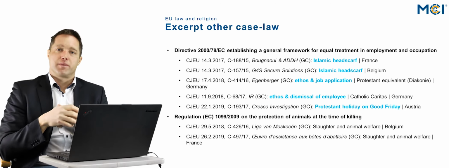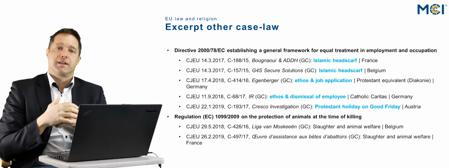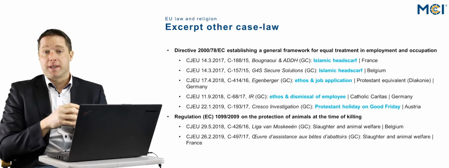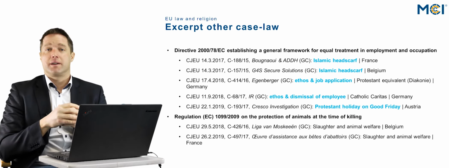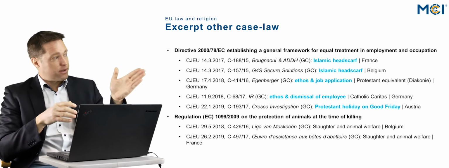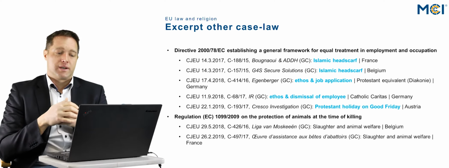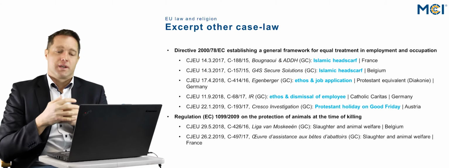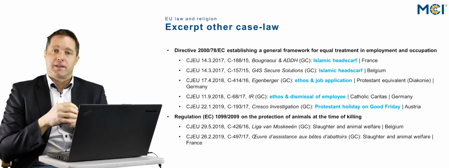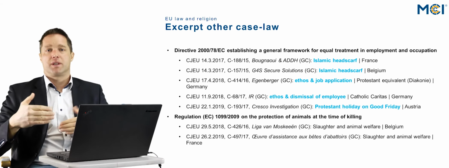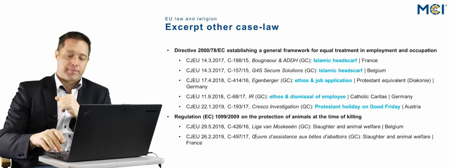The one case was about the Catholic Caritas, the other one about the Protestant equivalent, the diaconie. There have also been cases about the slaughtering of animals, as you can see with regard to this regulation, and also religious beliefs, a Belgian and again a French case, where also the court had to find such a balance between those different requirements.